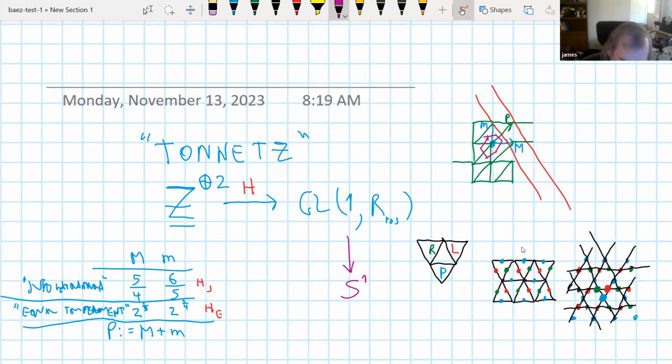It may be a Coxeter reflection group in some funny way, but the Tonnetz picture is misleading, because let's think about what these inversions do over in the Kagome picture.